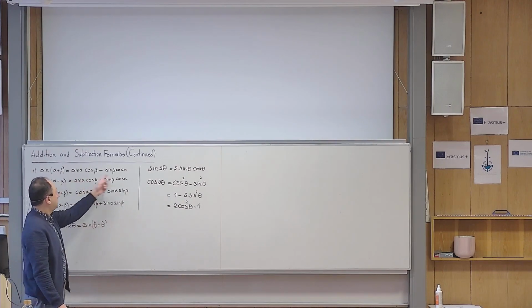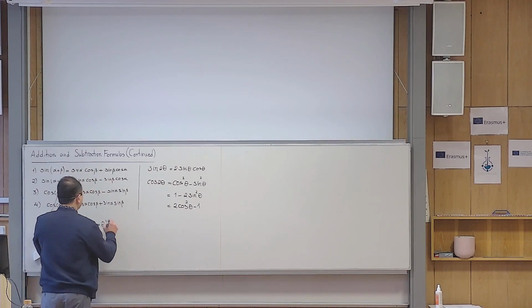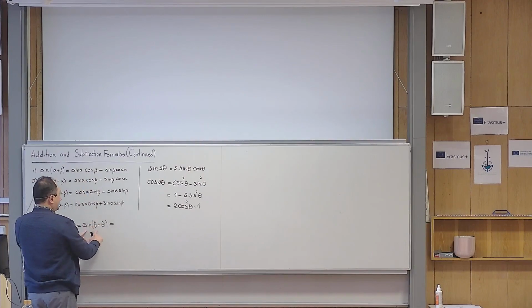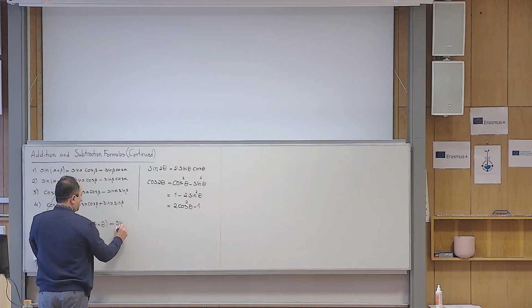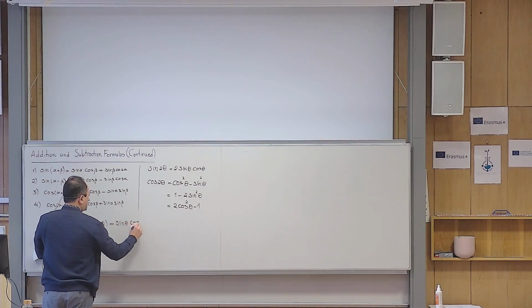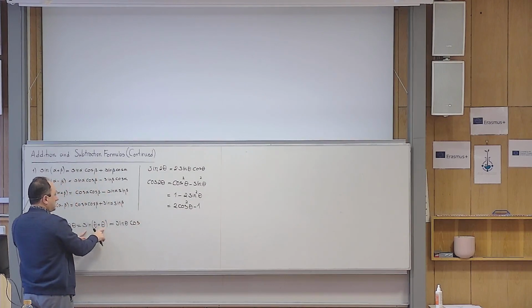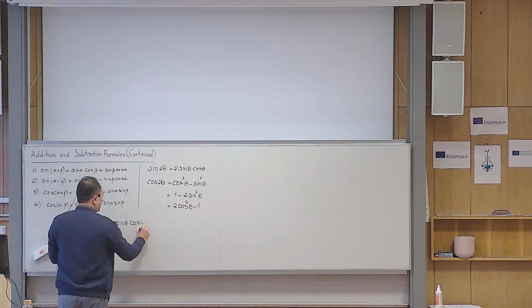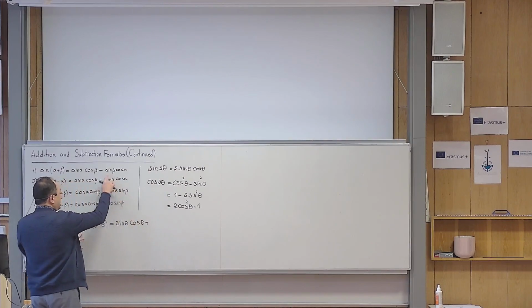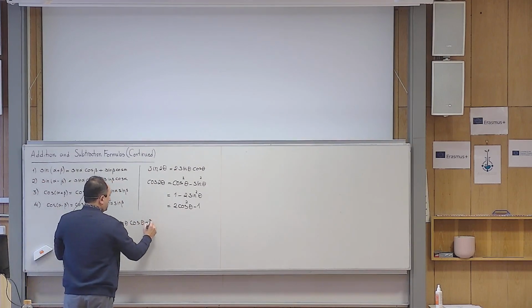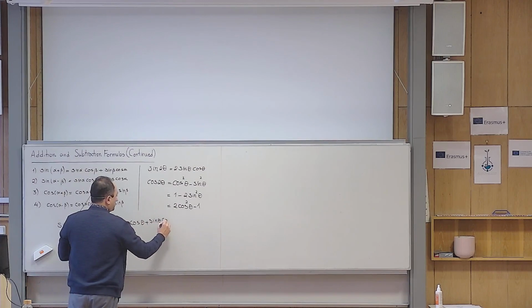Yes, so then I write the right hand side. It becomes sine of the first angle, which is theta, multiplied by cosine of the second angle, which is again theta, plus sine of the second one, multiplied by cosine of the first one.